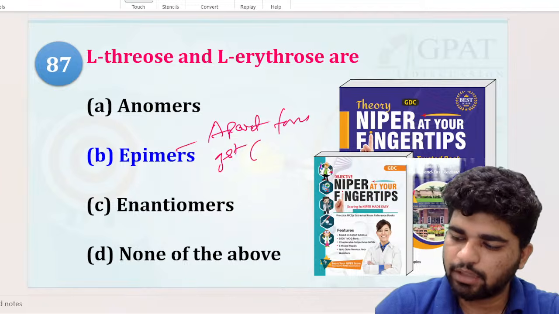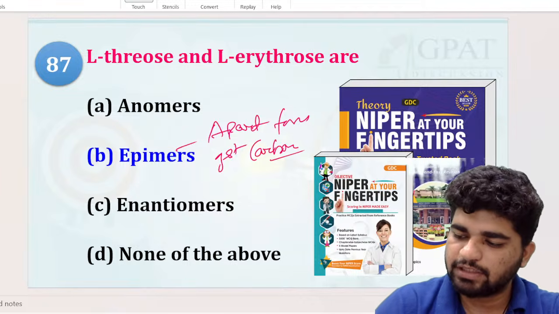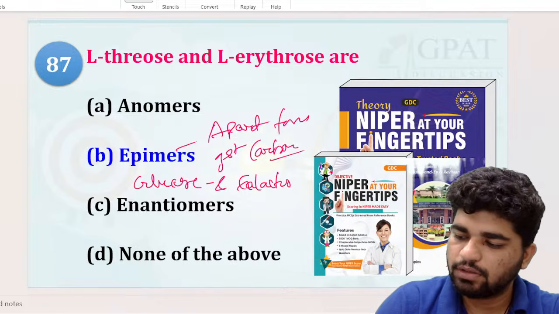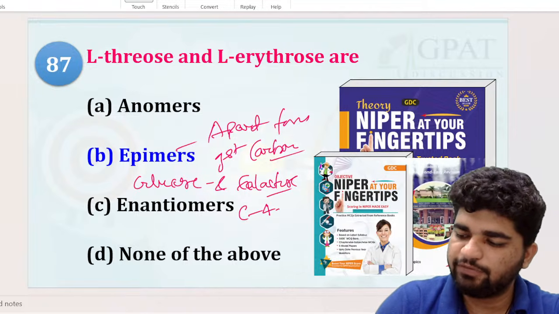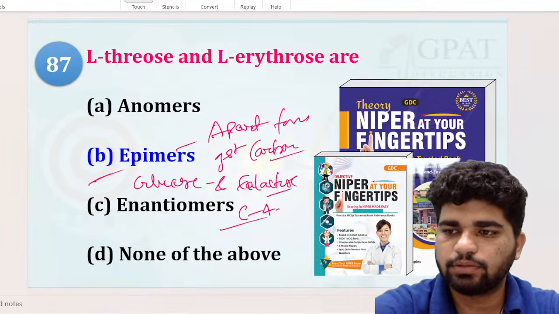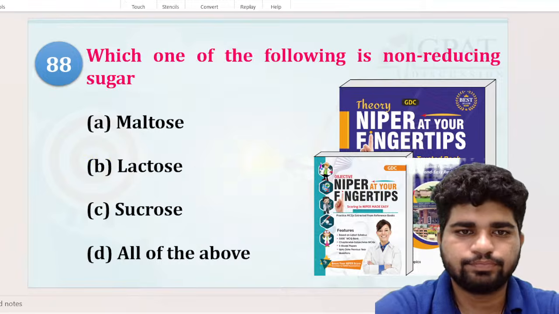Just like glucose and galactose, if you remember. These have C4 as the epimer. All right, chalo.